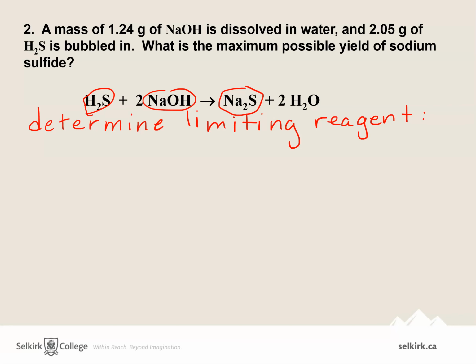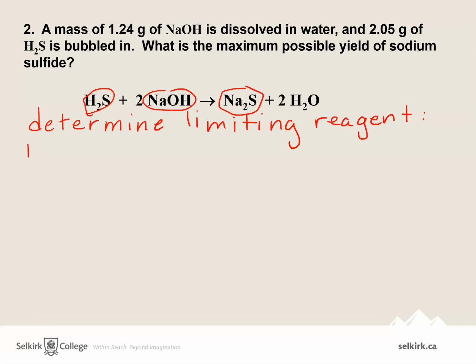Now I'm going to ask myself if I have enough hydrogen sulfide to use up the sodium hydroxide. And it's not masses I relate that way. The balanced equation gives me ratios of moles. So I want to see how many moles of sodium hydroxide I have, and therefore see how many moles of hydrogen sulfide I need.